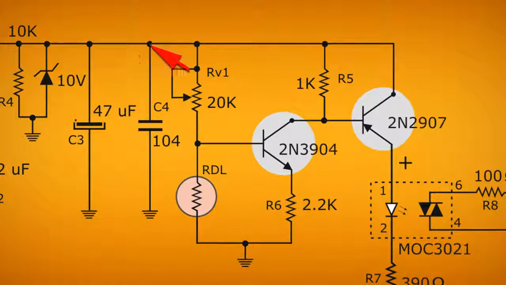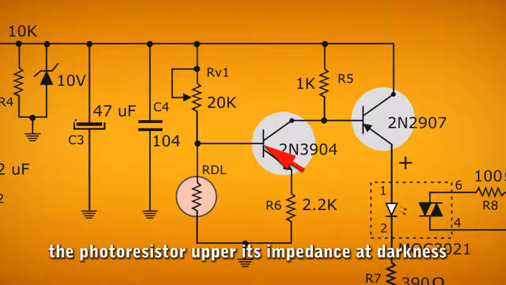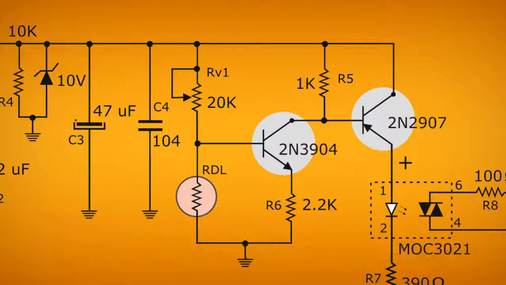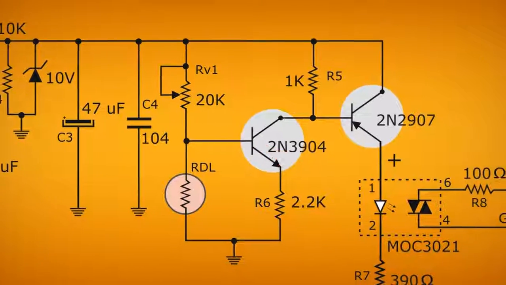When current passes through the resistor, it reaches the center point between the resistor and the LDR. When the LDR receives light, its impedance is low, close to 0 ohms, negatively biasing the transistor base. But when the environment is dark, the LDR increases to a very high impedance, restricting the passage of current. At that time, it positively polarizes the base of transistor 2N3904.